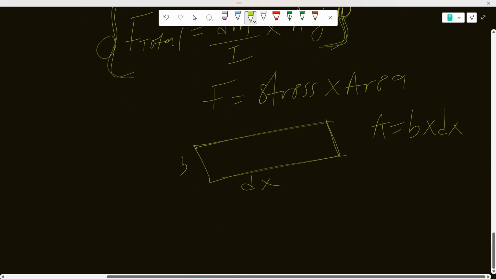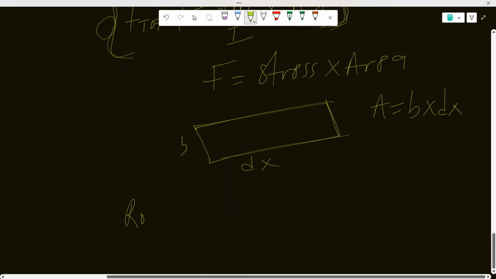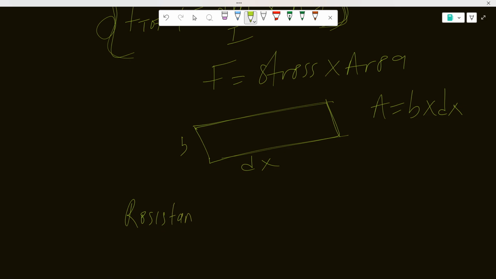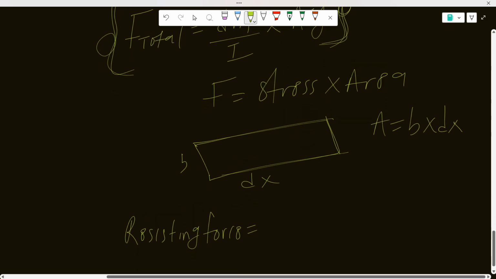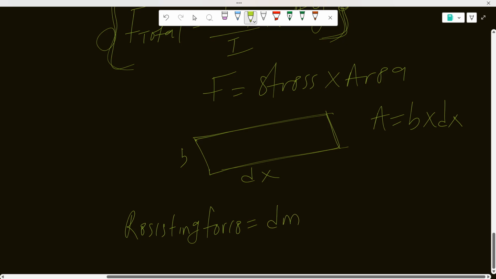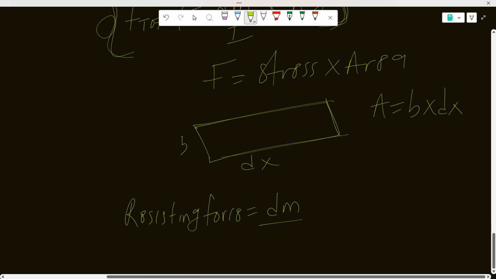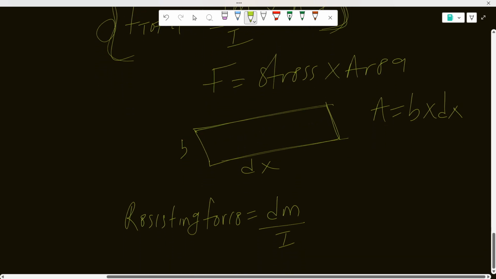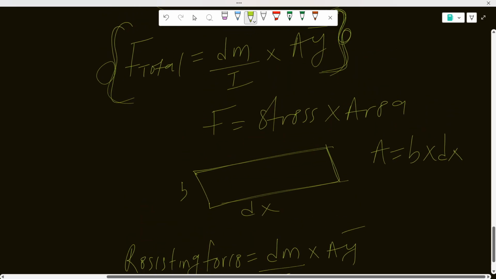So my resisting force must be equal to that same expression, because that is the only way it can cancel out, times A y bar.